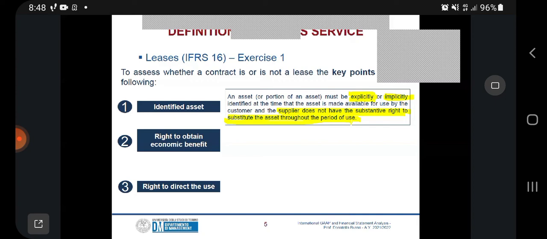But this is not a substantive right, because a substantive right means that the supplier can decide anytime to change the asset that the customer is using. In the case of cars, this is not the case, because the supplier does have the right to substitute the car, but only in very particular situations, only for maintenance and repairing, for example. For repair and maintenance. Is this clear?